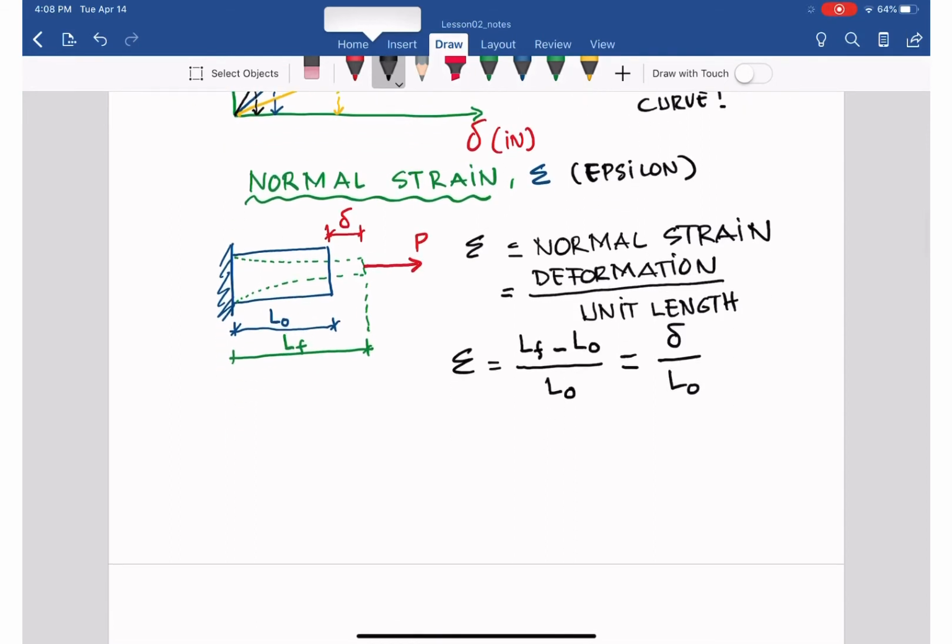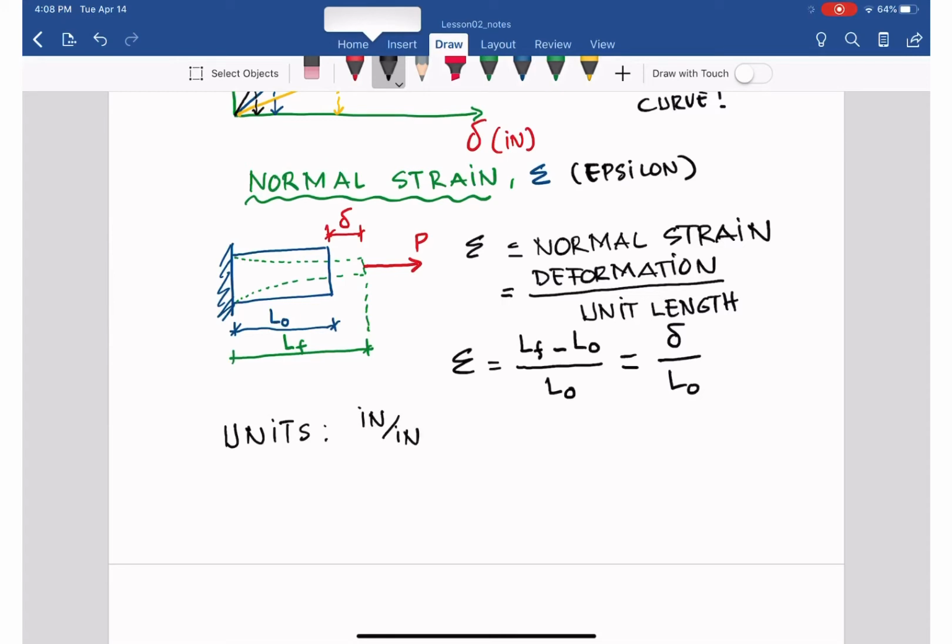What is the unit here? LF minus L0, or delta, is in inch, millimeter, etc. L0 is in inch, millimeter, feet, etc. So from that you see that it has no units, but for this one we call it inch over inch, so it's basically 1.